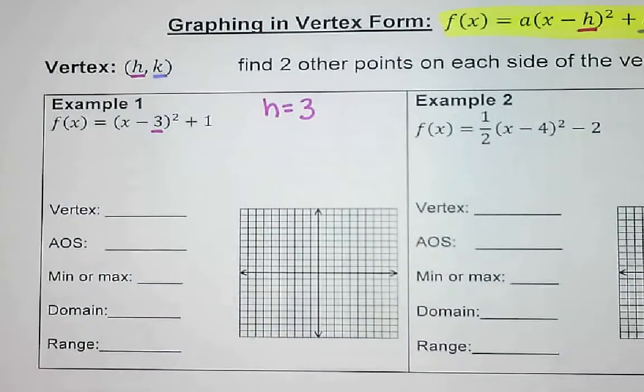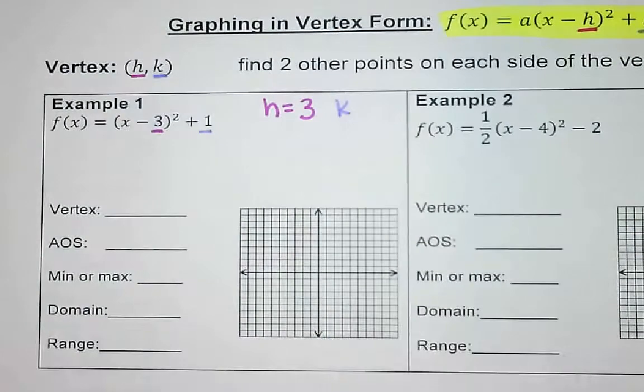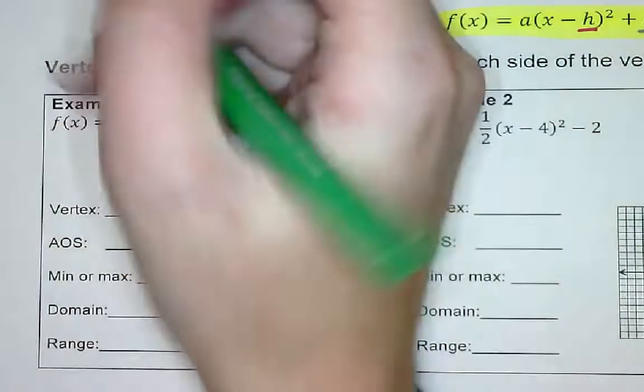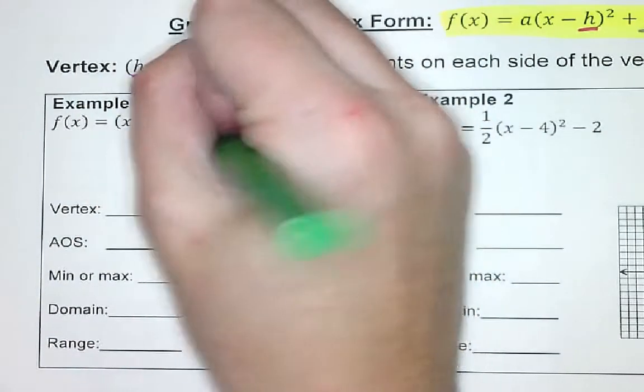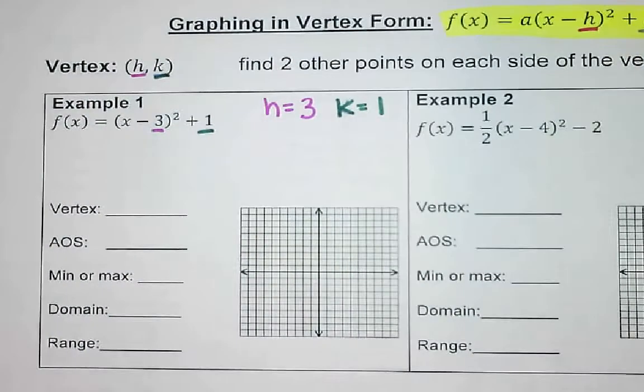Okay? And then my k value here, I'm actually going to do it in green, feeling green. Okay? My k value is what? Just 1. And that's on the outside of the parentheses, so it behaves. So we have h and we have k. So y'all, that's my vertex right there. It's literally, they give it to you, 3, 1.